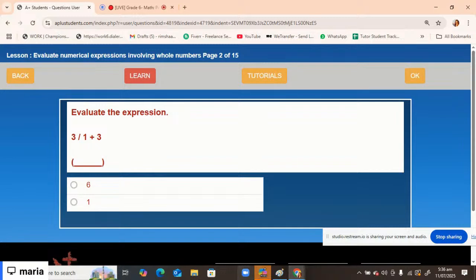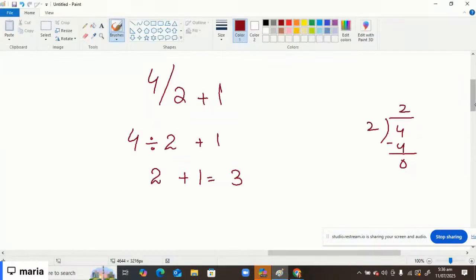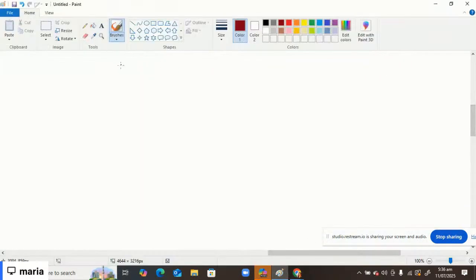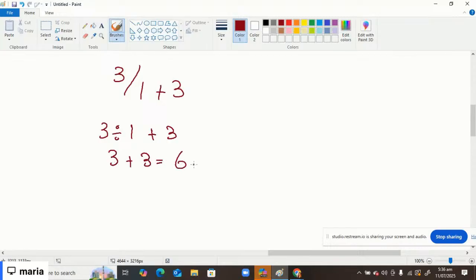3 divided by 1 plus 3. So 3 divided by 1, then plus 3. This is 3 plus 3, which is 6.